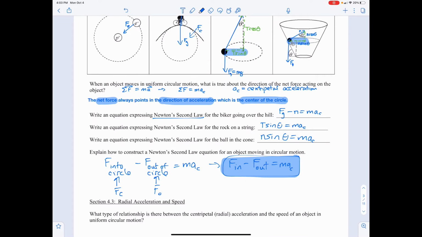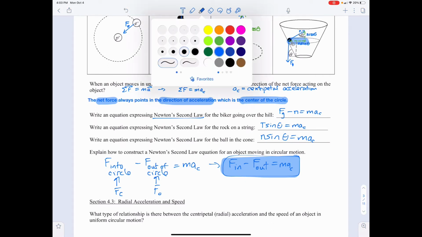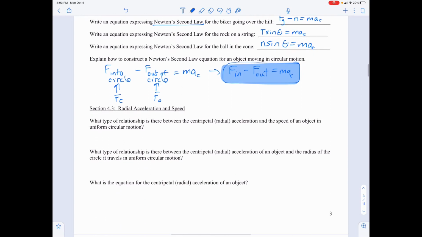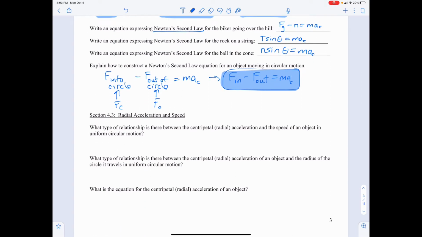Section 4.3, radial acceleration and speed. Well, now we talk about the relationships. What type of relationship exists between the centripetal or radial acceleration and the speed of the object? Well, as it turns out, and we're going to verify this experimentally, the centripetal acceleration is not just proportional to speed, but it's proportional to the square of the speed.